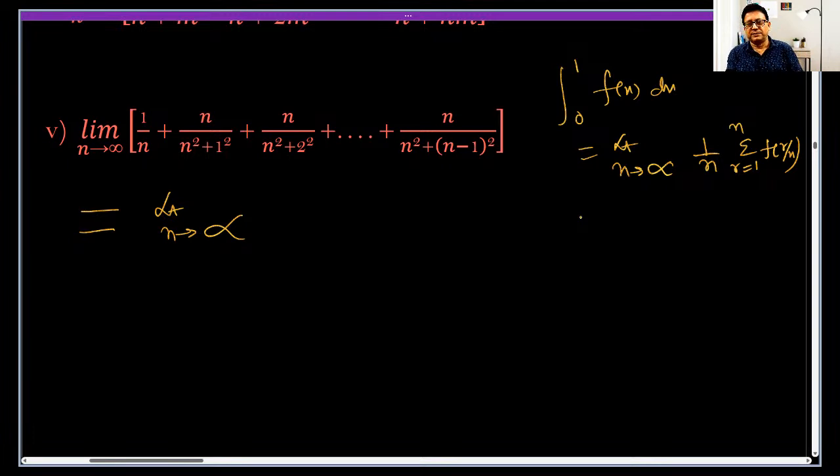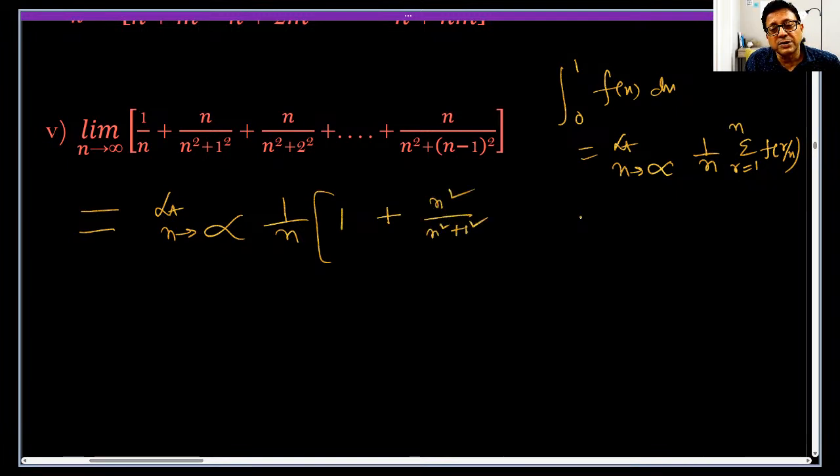We did it. Here I keep 1 by n outside. So this is 1 n square by n square plus 1 square and this is n square by n square.